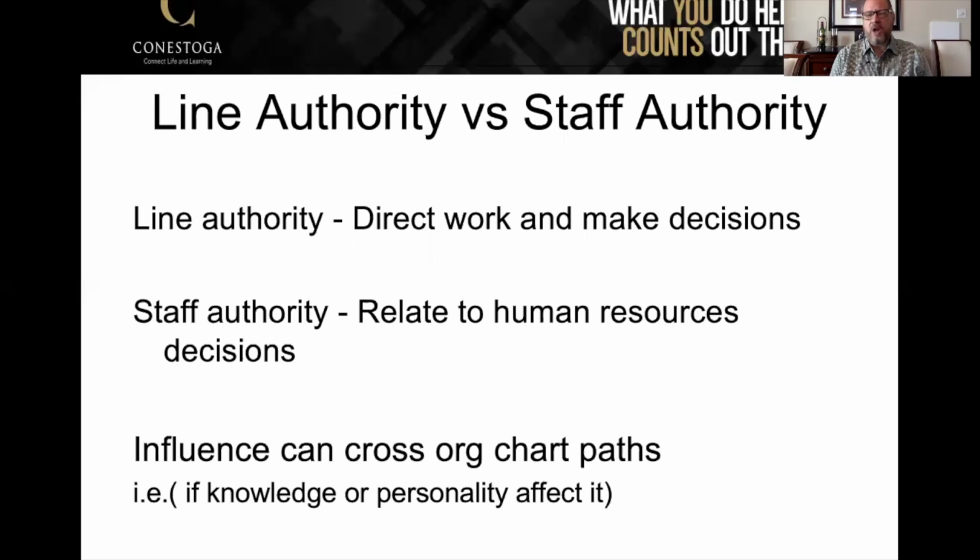And that's one of the reasons why you'll often find the staff authority decisions are relegated to pretty high and senior levels in organizations, so that there's this consistency of approach. Whereas with line authority, they're making decisions about the area that they're in and the time frame and the requirements of particular customers or particular regions. There's a lot of variability. It's a very dynamic space. Staff authority is less dynamic, and as I said, there are significant organizational disadvantages to being inconsistent when it comes to your HR decisions.